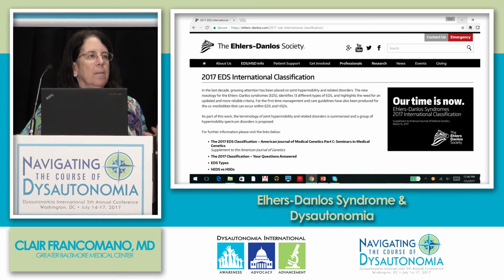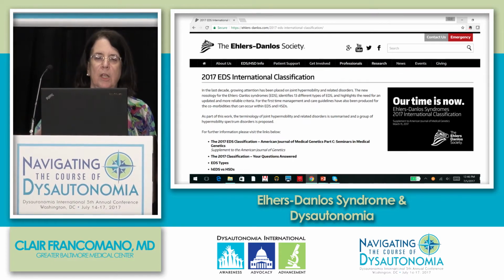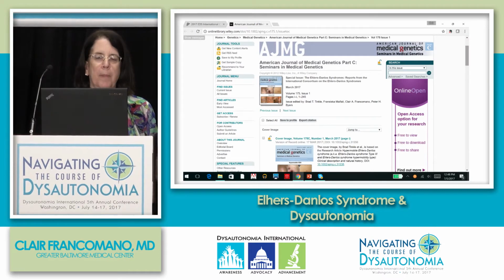There were committees about each of the different types of Ehlers-Danlos syndrome and working groups on each of the different comorbidities. Each of those committees produced the papers that were published in the American Journal of Medical Genetics in March of this year, and there are links to each of those papers at the Ehlers-Danlos Society website now.